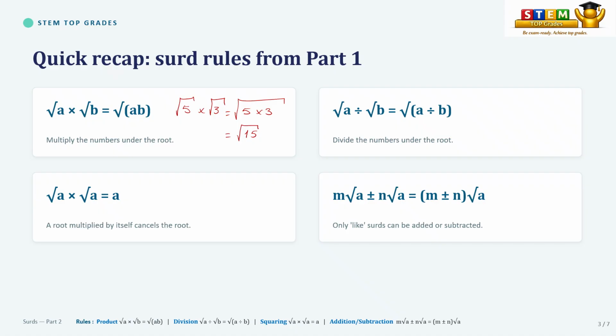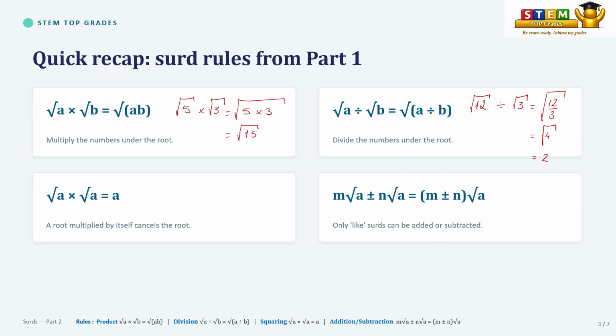Division of surds: if you have root 12 divided by root 3, we can combine these two as a division of 2 surds, so that gives you 12 over 3 under the square root, and that gives me square root of 4 and eventually 2.